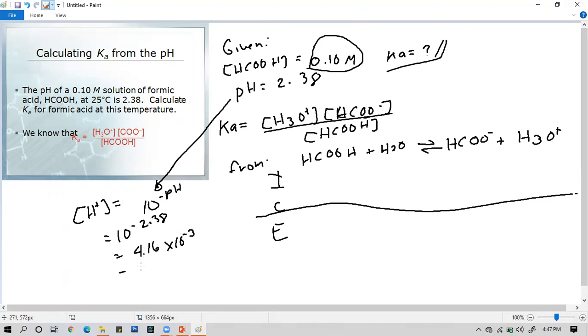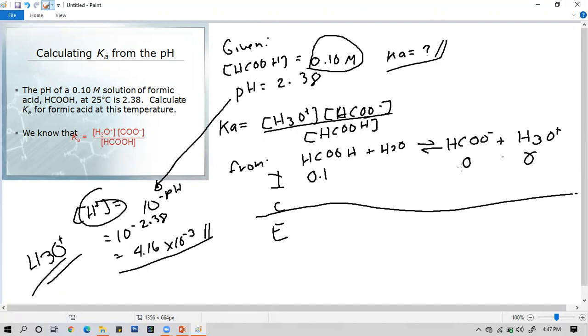When we say pH, this is the concentration of the hydrogen ion, or the hydronium ion, I shall say, doon sa ating equilibrium constant. So insert lang natin at initial, 0.1, this one is 0 and this one is 0. And dito naman, mag-add tayo ng 4.16 times 10 raised to negative 3. Sorry, that's not positive, but rather a negative exponent.